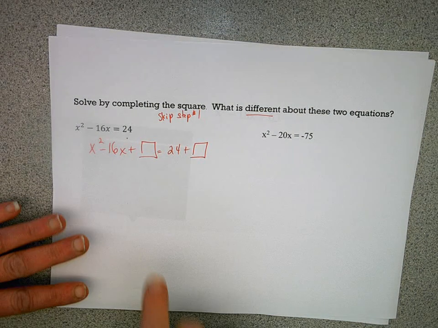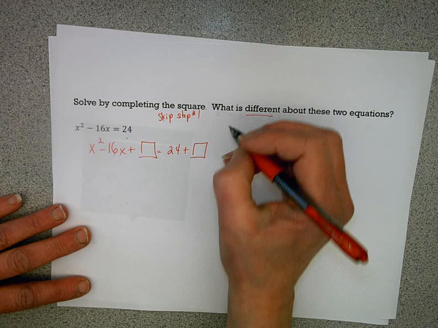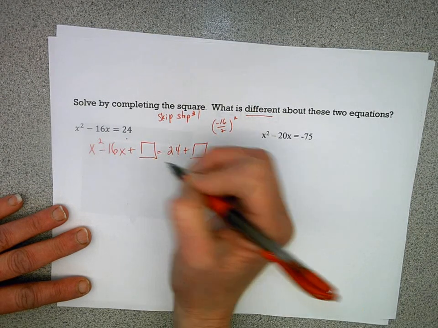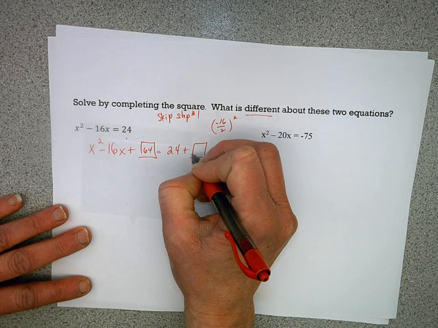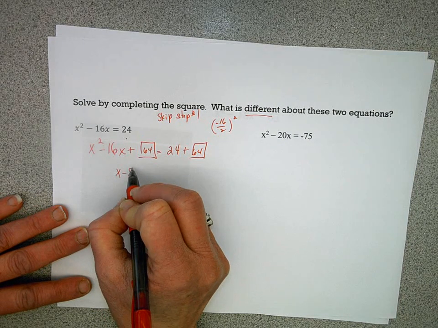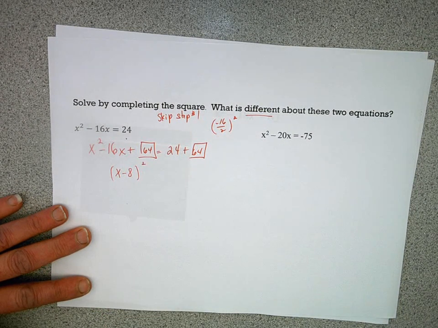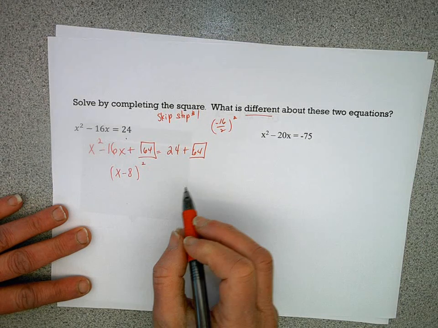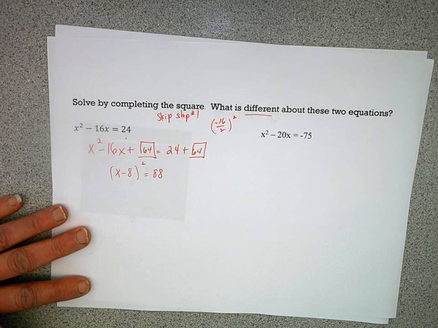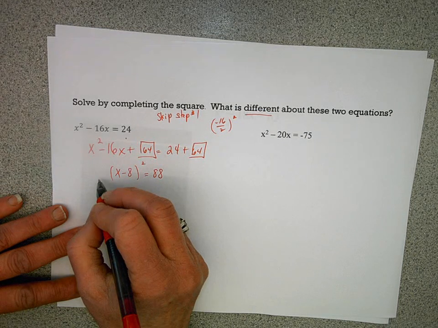Okay, what is going to go in there? Remember, half of 16 squared, or negative 16 squared, which is going to be 64. Remember, when you factor it, it's always the same sign as your b term. And then when I add these, I get 88. Take the square root of both sides.